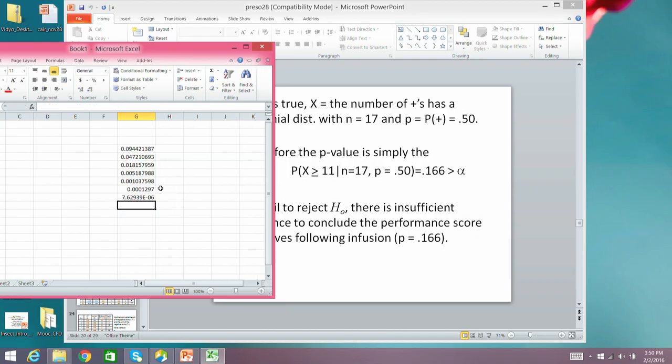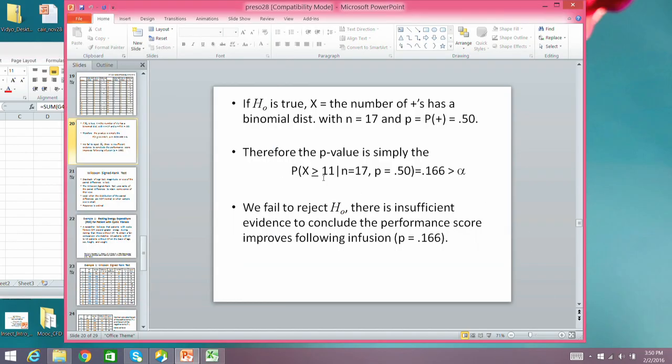So if you add up all these terms together, you will get 0.166, and that is how you get this probability. This probability tells you the probability of more than or equal to 11 in a size of 17 if the probability of occurrence is 0.5.